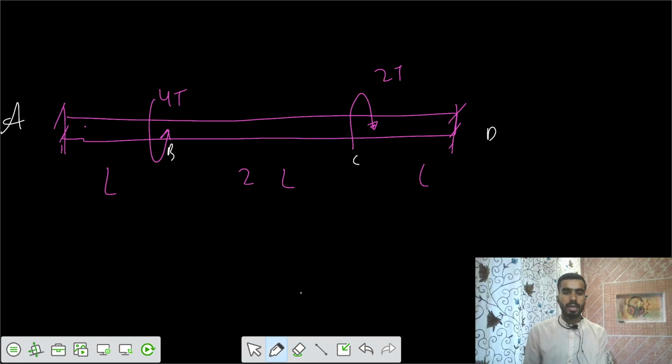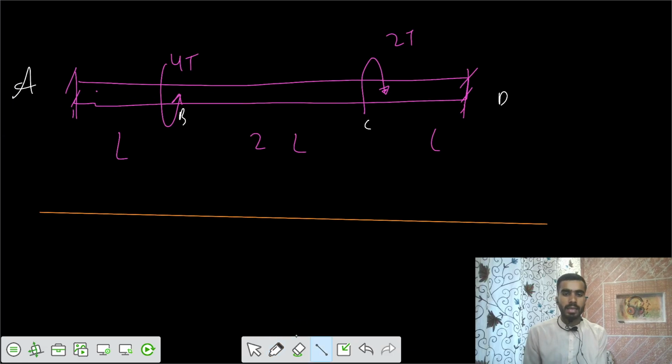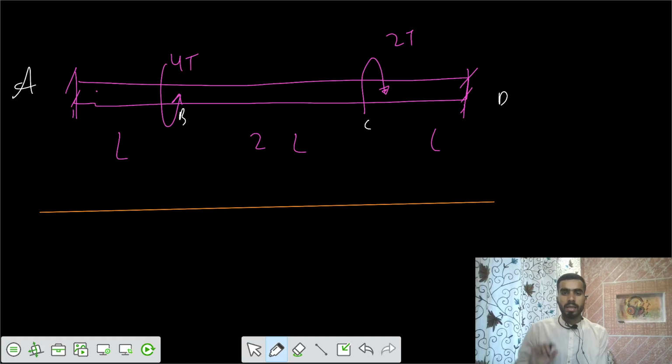Now if you want to say from the line diagram, let's make the line diagram. I would say there is a clockwise moment. Yeah, this one should be anti-clockwise, in this fashion. This is anti-clockwise 4T.